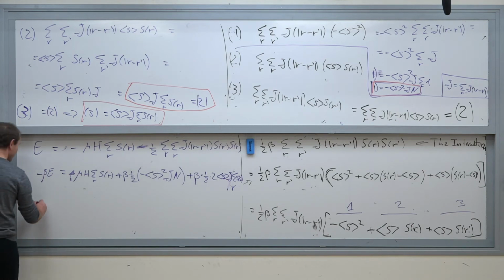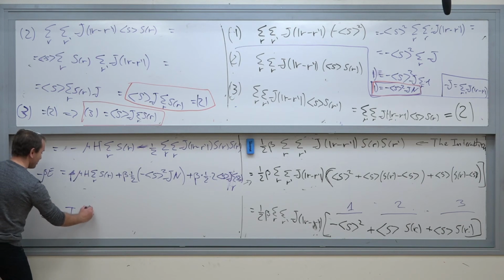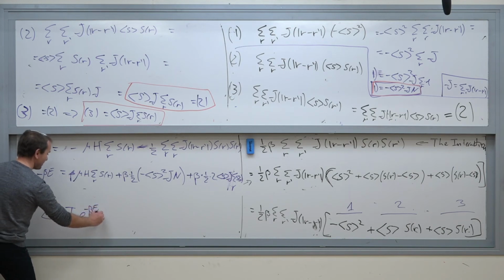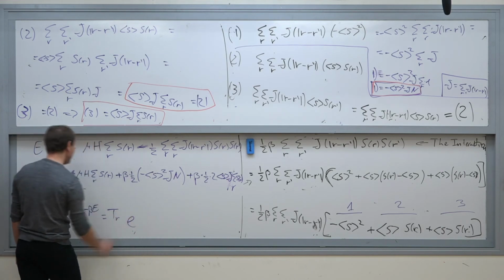Okay, so z, which equals trace e to the power minus beta e, equals trace e.